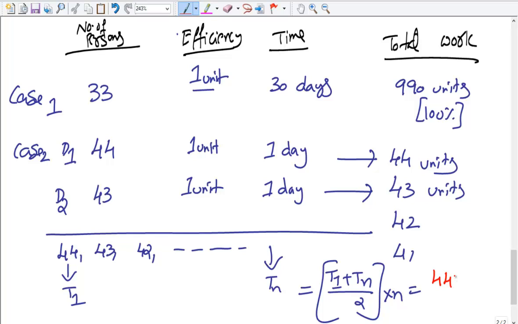So 44 plus the last day, times 1 by 2 into n, that itself is 990. Now you can simply start from 44 up to 10. Once you start adding 44, 43, 42 and up to 10, you probably find some number. If that is exceeding 990, then you need to come down. If that is lower than 990, then we need to add some more elements. That's it.